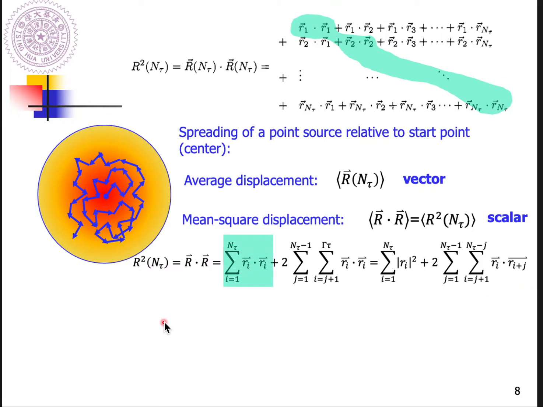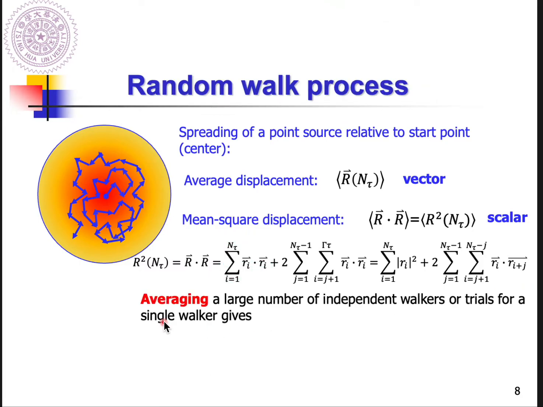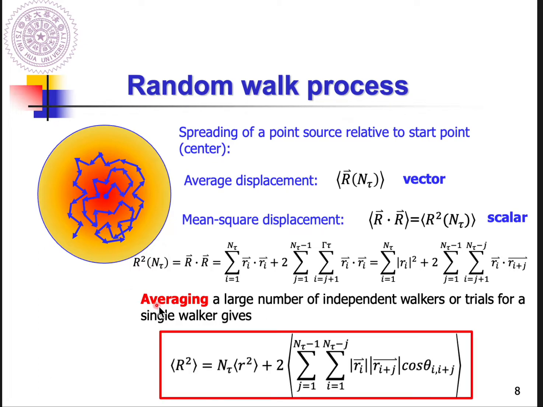The next part is that we try to average these equations. So the mean square displacement is like this, right? We average the square term, and the second term too. For the first term, we get the mean square displacement for each jump.